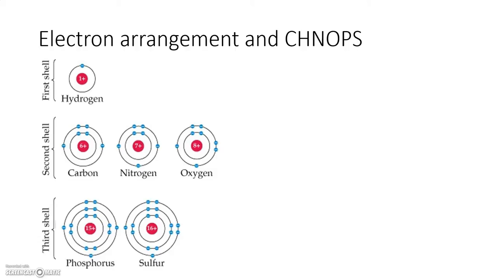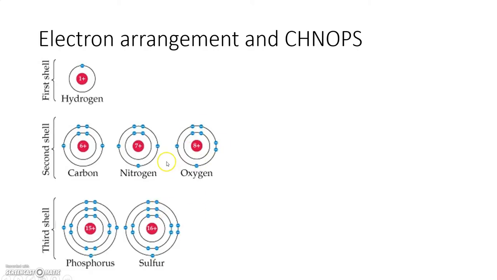So you can see here, hydrogen just has 1 electron and 1 orbital. Carbon, nitrogen, and oxygen all have 2 levels of electron orbitals. They're not full. And phosphorus and sulfur have 3. The not full descriptor refers to the outer orbital for all of these elements.